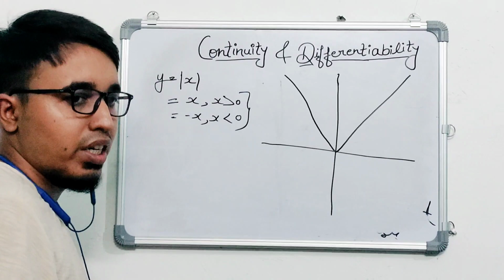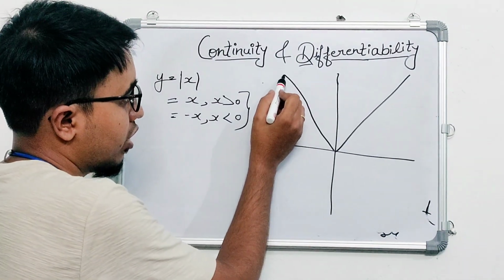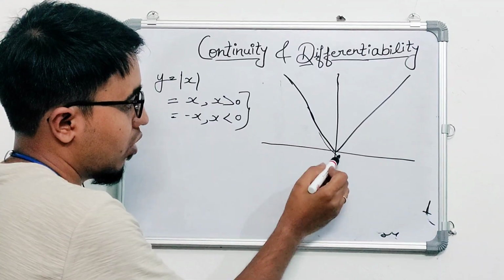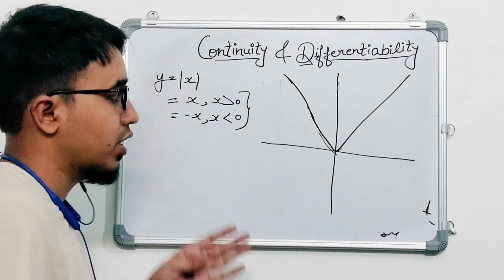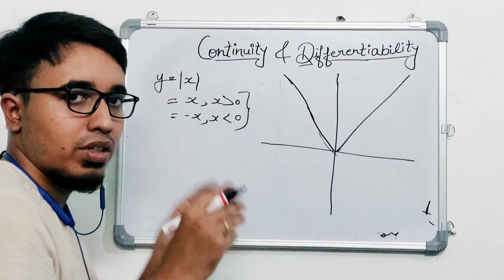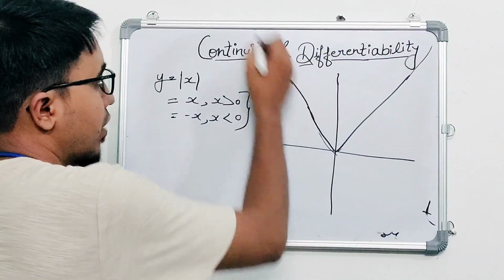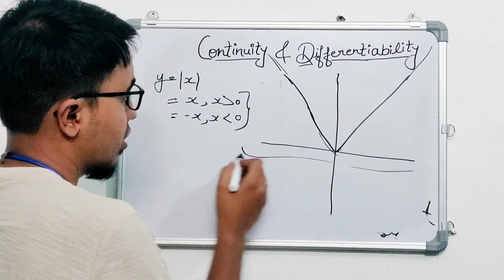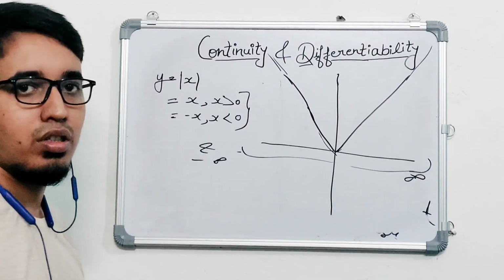According to the concept I have explained, this function is continuous because it is not breaking anywhere. You're getting my point? It is never ending. For all values of x, from minus infinity to infinity, this function is continuous.